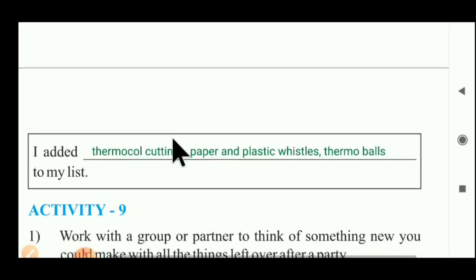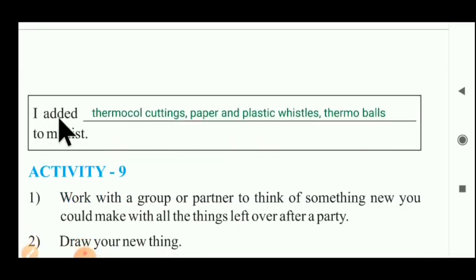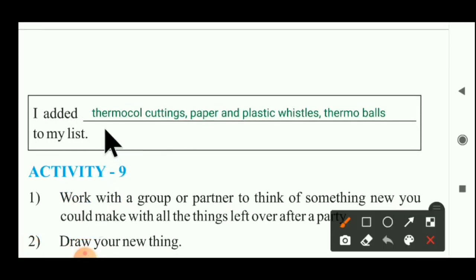So here I added: thermocol cuttings remain. You didn't add thermocol cuttings to your list, so add them. Then paper and plastic whistles remain there. Then thermo balls also remain there.